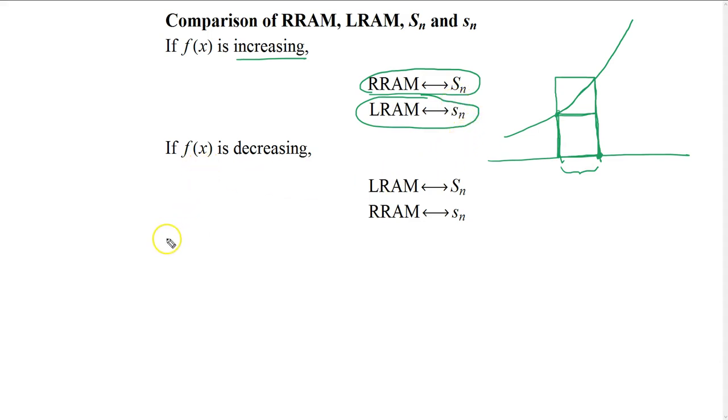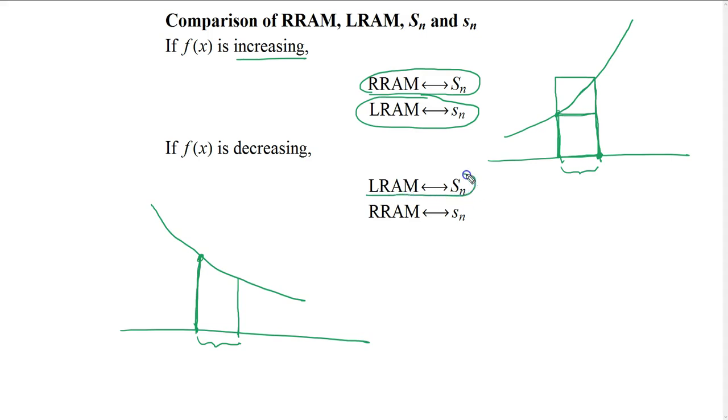If our function is decreasing, then our graph changes to something like this. And notice that if we pick a subinterval right here, the left-hand endpoint is where our function has a maximum value, so LRAM would correspond to the upper approximating sum.